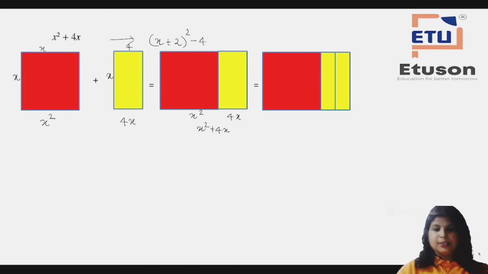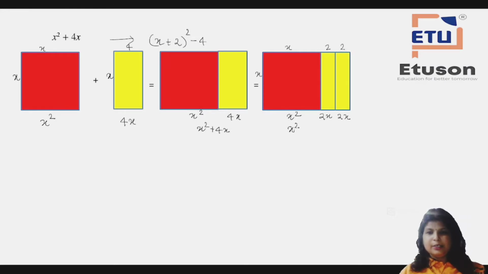Here this is x, this is 2, and one more 2, right? So this represents your x square, this represents your 2x, and this represents your 2x. So I am writing it in this form, that is x square plus 2x plus 2x.